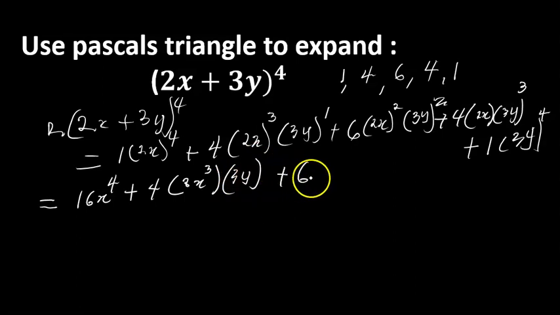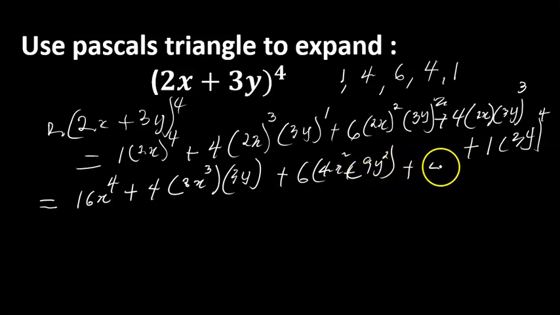Plus 6 now into (2x) raised to power 2, that's 4x raised to power 2, times 3 raised to power 2, that's 9, multiplied by y raised to power 2. Now plus 4 into 2x times 3 raised to power 3, that's 27y raised to power 3.